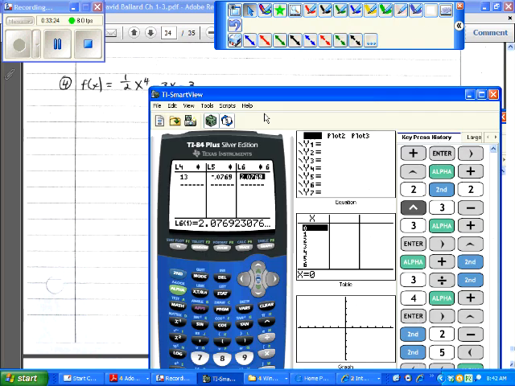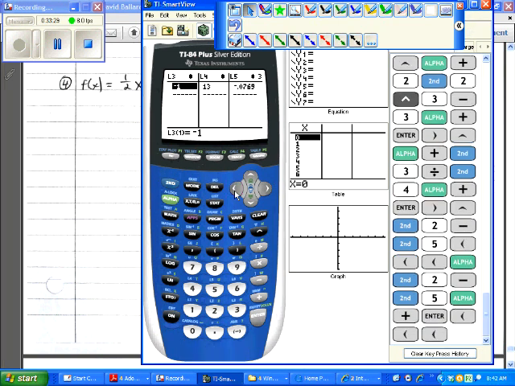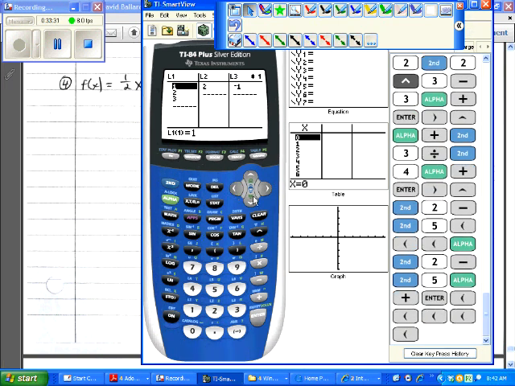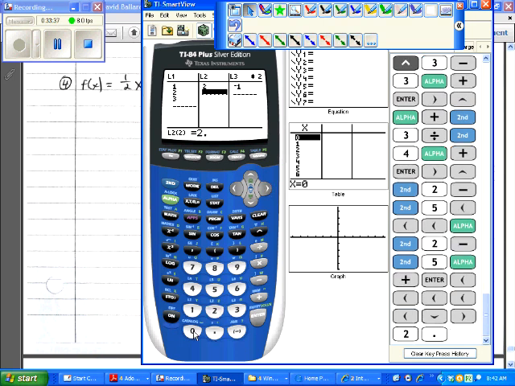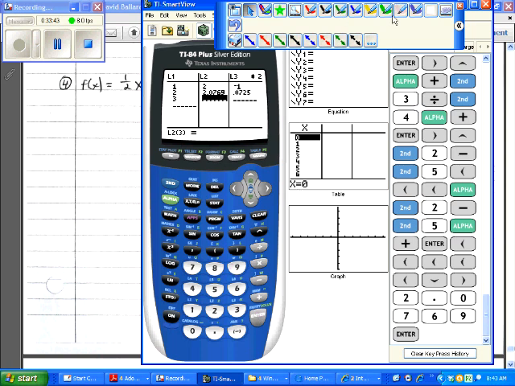So we go back to the calculator. We go back to our L2. We're on round 2. We're going to plug in the, what was it, 2.0769. We hit enter.